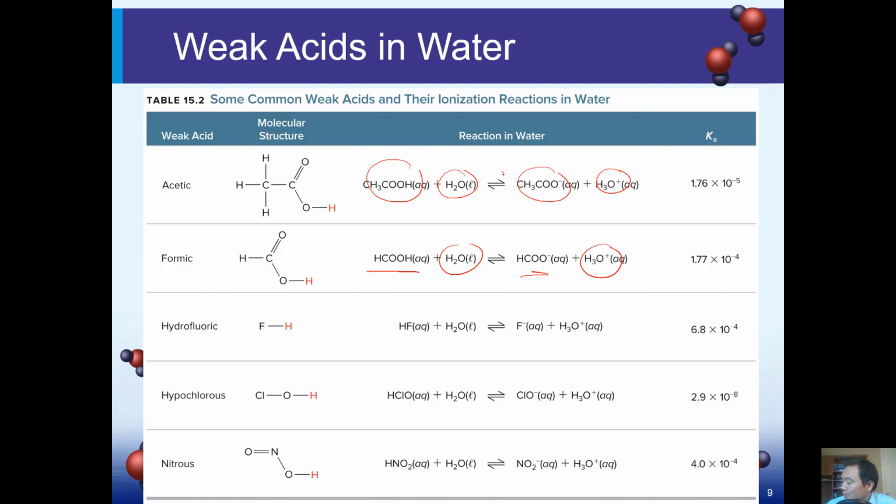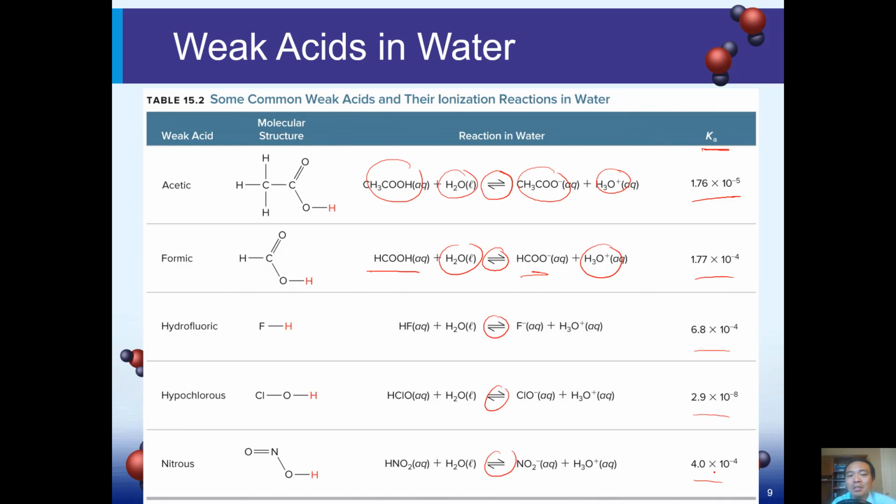So that's why you use the equilibrium sign over here. If you look at the equilibrium constant, usually it's really, really small, as you have observed over here. Right. We just discussed some strong acids, some weak acids.